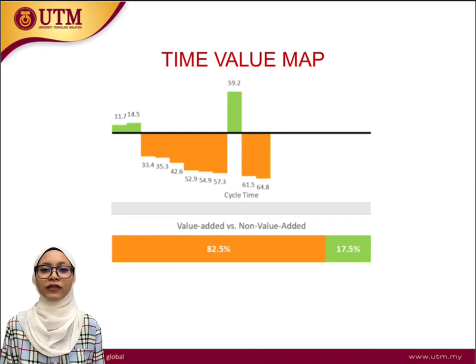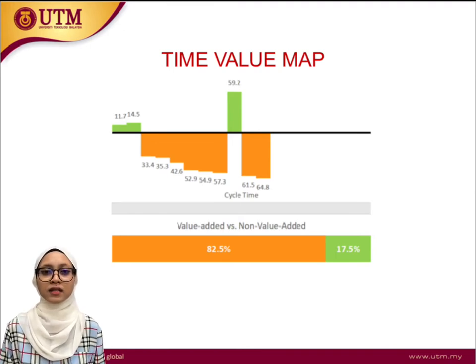From the total of 11 activities, 3 of them are value-added processes, which only represent 17.5% of all these processes. Meanwhile, the other 8 non-value-added activities contribute 82.5%, which indicates double the amount of time compared to the value-added activities.